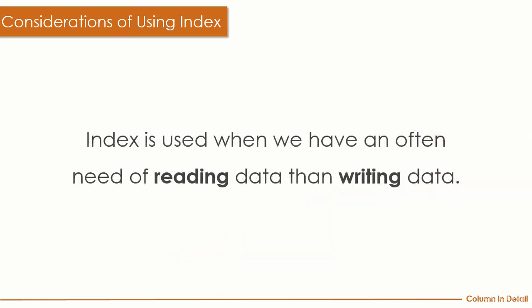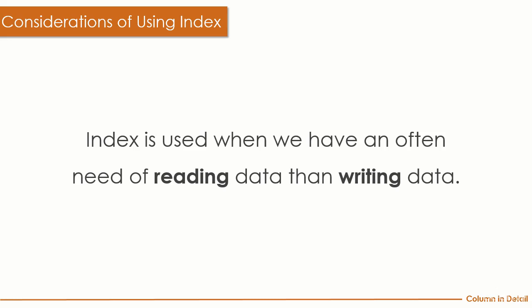So when you pick which columns to be the index, you need to think about whether this database is read more than write. If you keep writing, say I write thousands of times and I just read it once, then it doesn't make sense to index it. If you have data like the user profile in our example, the upload information, the user doesn't update the information so often, so it's good to index it.